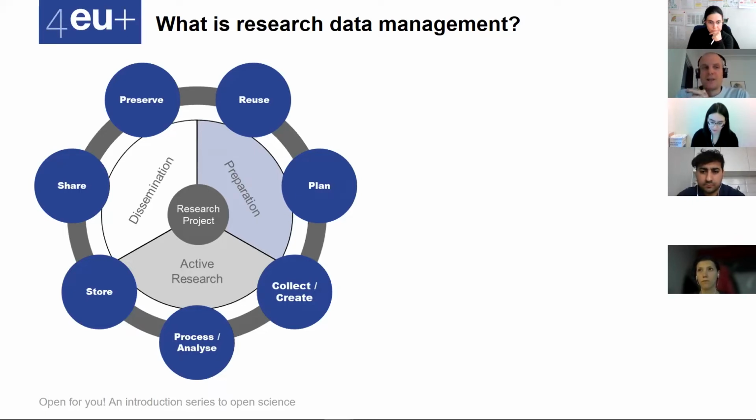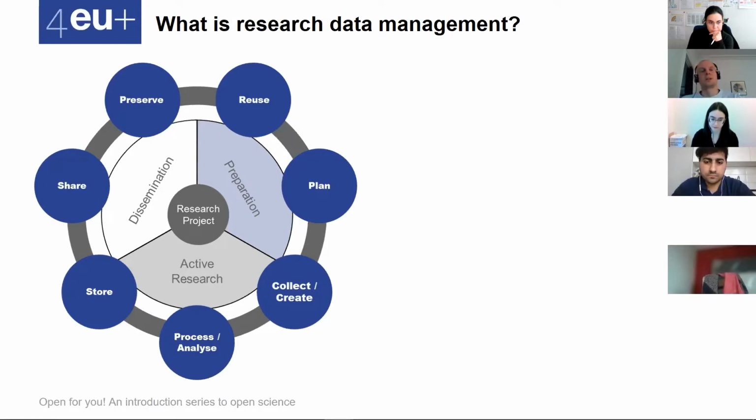Storage is a main concern during the active phase of research. What is appropriate storage for the type of research data that you have? How do you secure it? What is your backup strategy? Do you need access management to your material and data?